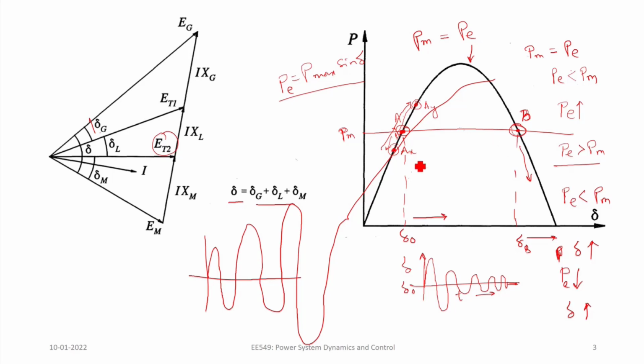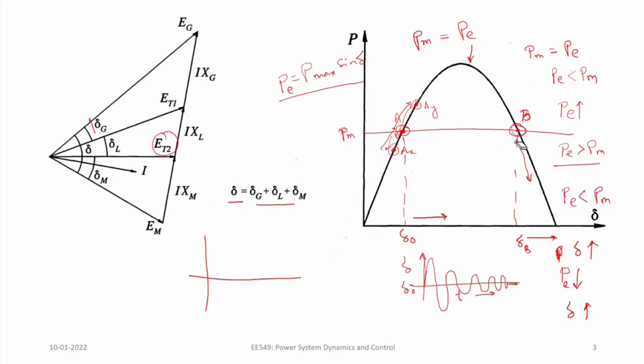Therefore this point is known as your unstable equilibrium point. So this is your unstable equilibrium point, and this is your stable equilibrium point.